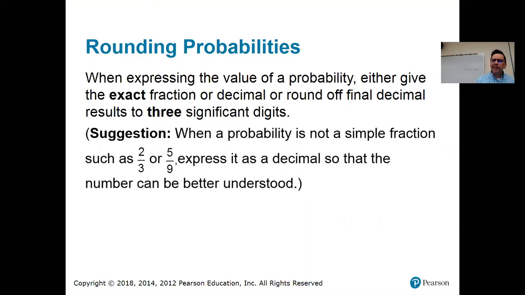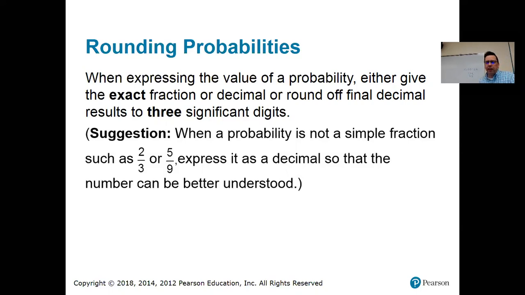When a probability is not a simple fraction like 2/3 or 5/9, in other words, I would probably never use a fraction like 374 over 1013, right? Yes, that's a perfectly good fraction, but even I'm going to kind of stare at that and be like, okay, what is that as a percentage, right?